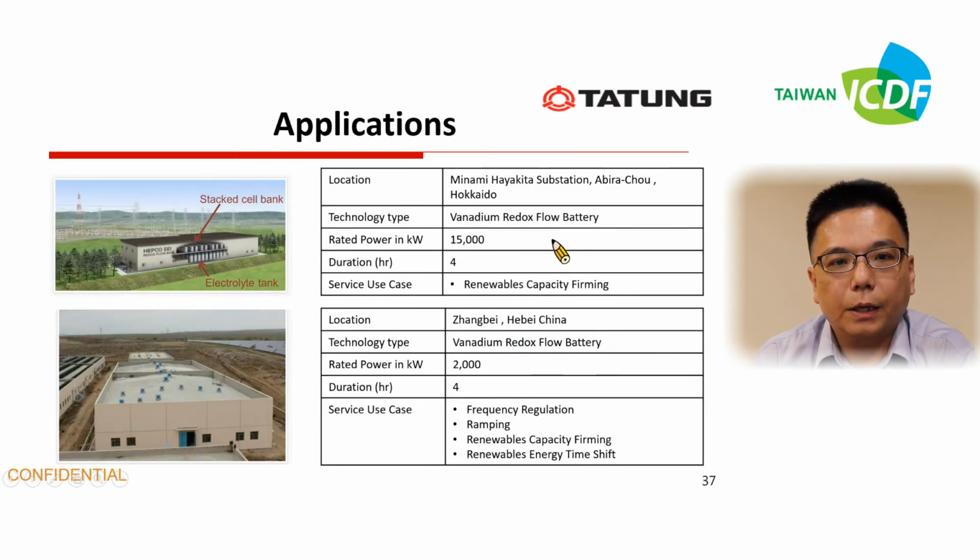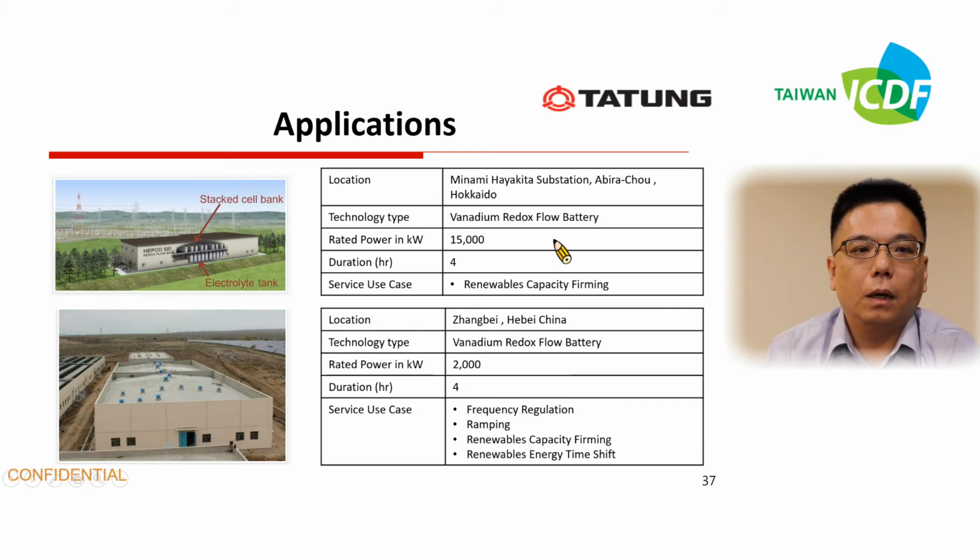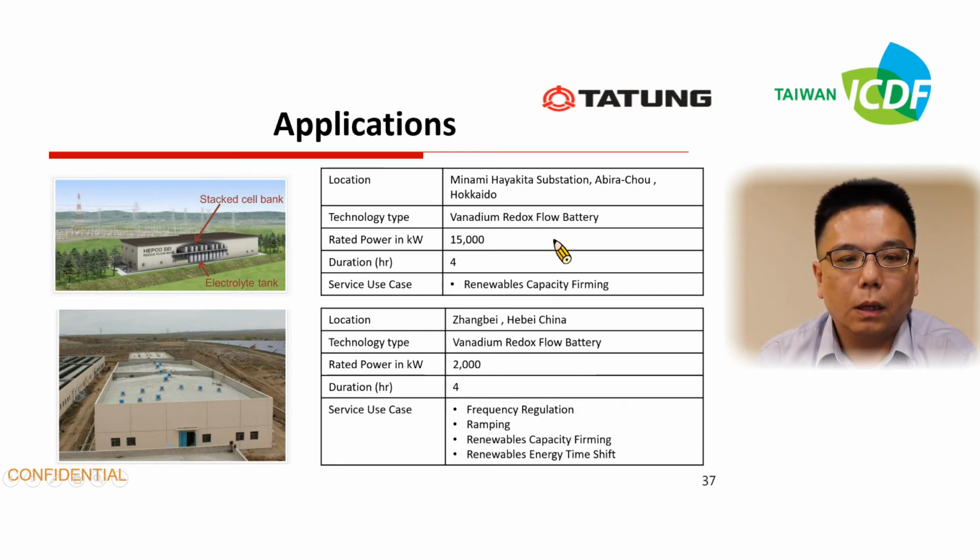And some applications in Japan and China. The biggest flow battery manufacturer is Sumitomo, Japan. Their vanadium redox flow battery is the largest in the world. The rated power is 15 megawatt, and the duration is 4 hours. Its service use case is renewable capacity firming.